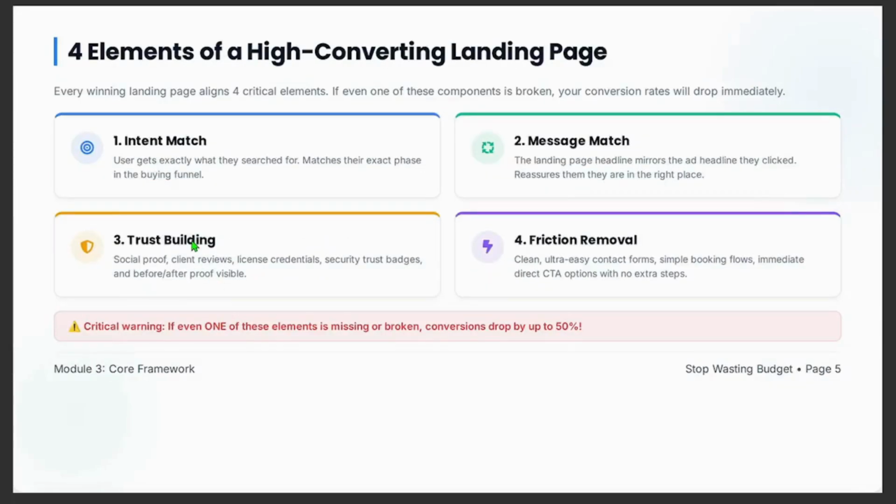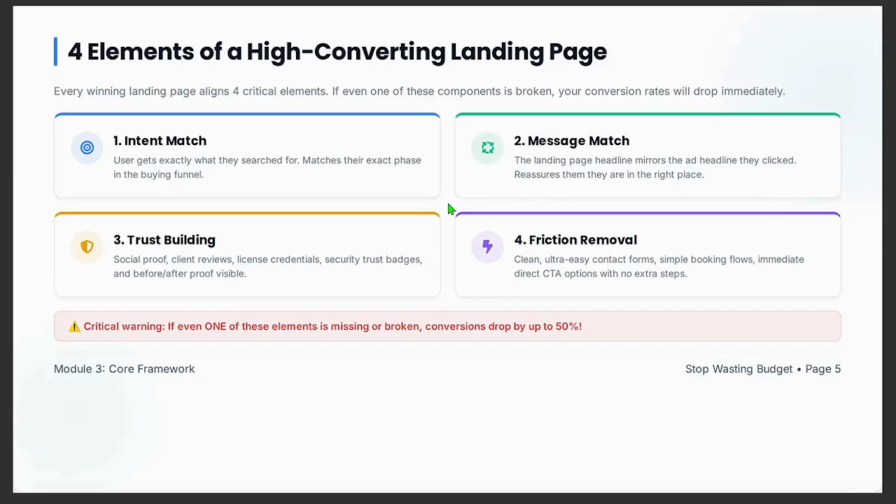And now this is our next slide. Every winning landing page has four critical elements. Let me share them with you. Element number one is intent match. The user gets exactly what they searched for, no surprise. Element number two is message match. Your headline must mirror your ads: same language, same promise.